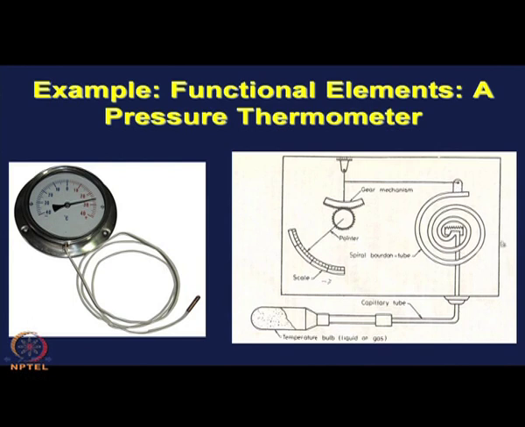It may be a spiral Bourdon tube or it may be a C Bourdon tube. We will see what a Bourdon tube is in a few minutes. Then the free end of the Bourdon tube is connected to a pointer and scale through some gear and linkage mechanism. So, before we analyze how this instrument works, let us see what a Bourdon tube is.